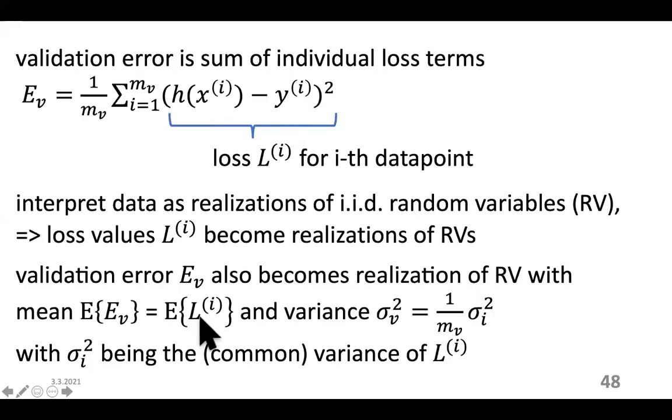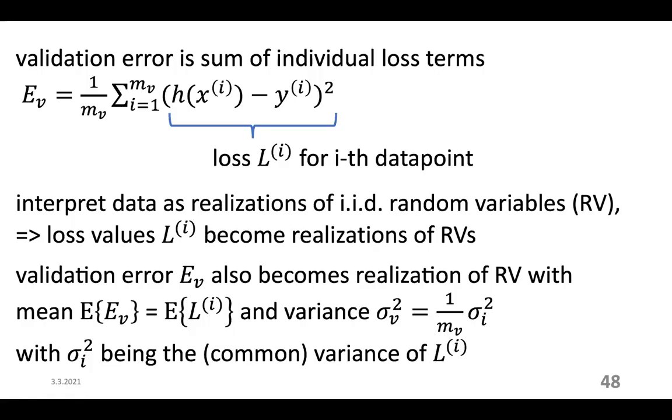And the expectation of these individual loss components, the expectation of Li, is the same for all data points because they are independent and identically distributed. That's why this expectation is the same for all i, for all data points. And the mean of the validation error is exactly the mean of these losses, and the mean of these losses is exactly the average risk.